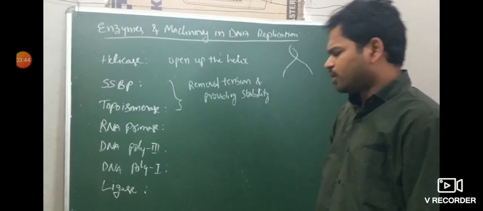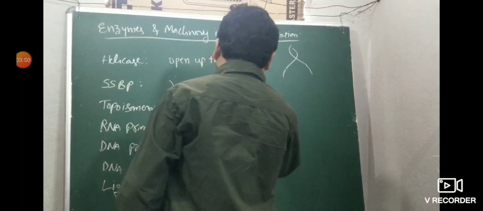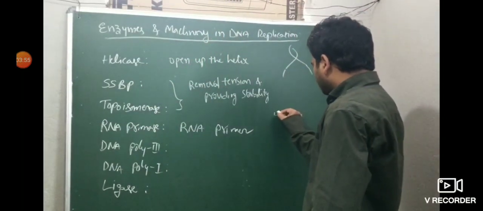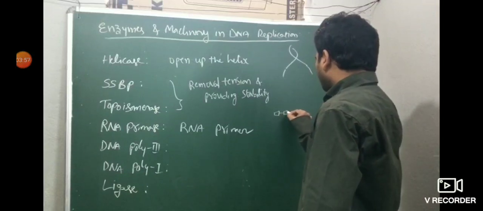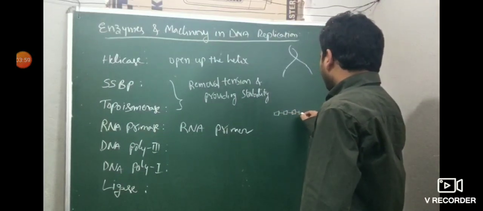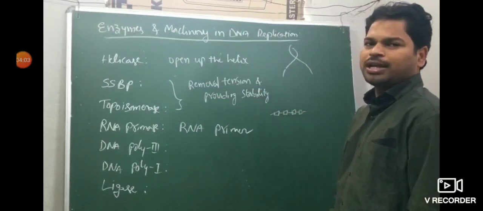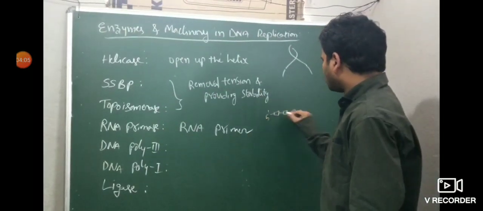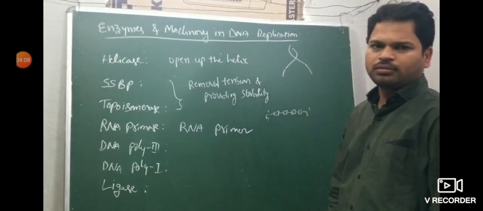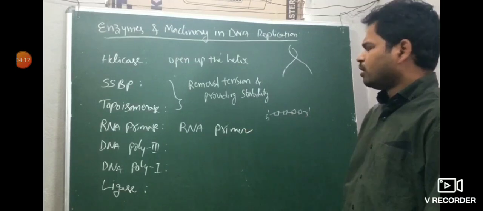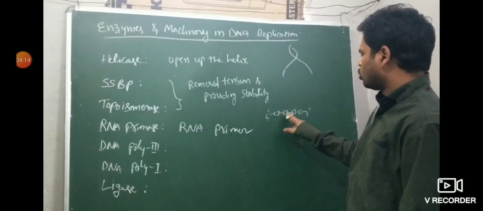RNA primase enzyme is helpful to synthesize the RNA primer. What is the meaning of RNA primer? RNA primer is a small strand of RNA with a small number of nucleotides, 4 to 7 nucleotides.